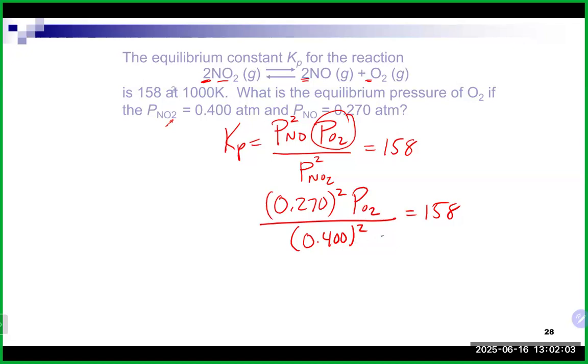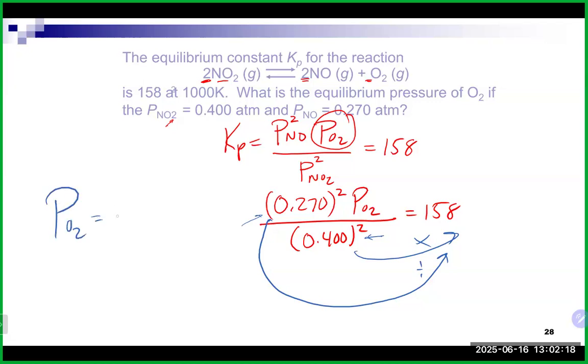So since this is being divided on the bottom, we need to multiply that to the other side. This guy is being multiplied on the top, so we will divide it to the other side afterwards. So if you do that, that will give you the partial pressure of O2 equals 158 times 0.4 squared divided by 0.27 squared. Basically, everybody ends up in the opposite location when they move across the equal sign. So he's on the bottom, he gets on top. He's on top, he gets on the bottom as he goes across.